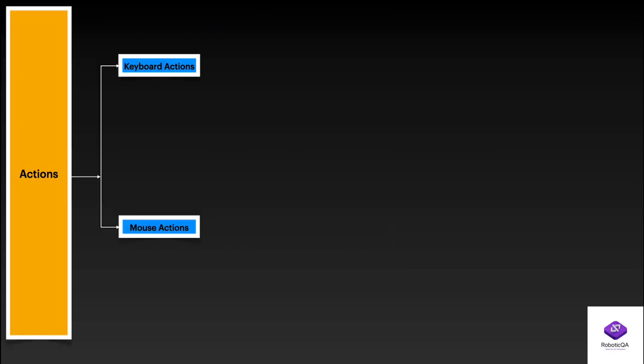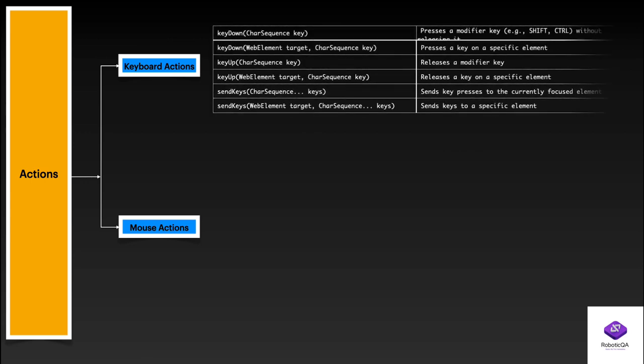So what are the different actions available inside the Actions class? We have keyboard actions available. Inside keyboard actions we have keyDown, which takes the CharSequence key. We have keyDown again, an overloaded method, which takes two parameters: one is the target element and the other is the CharSequence. What is meant by keyDown?